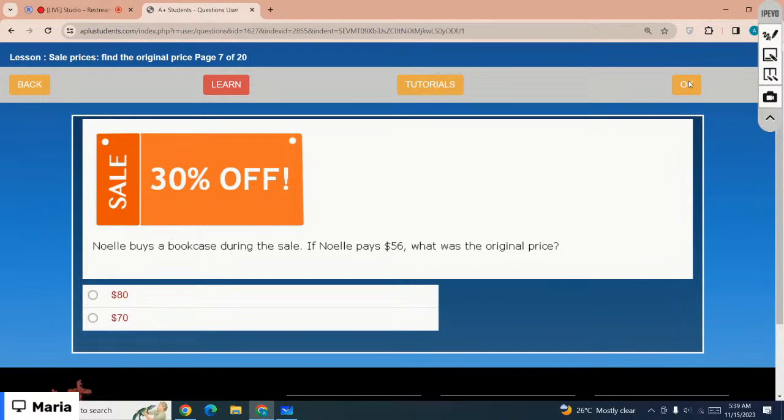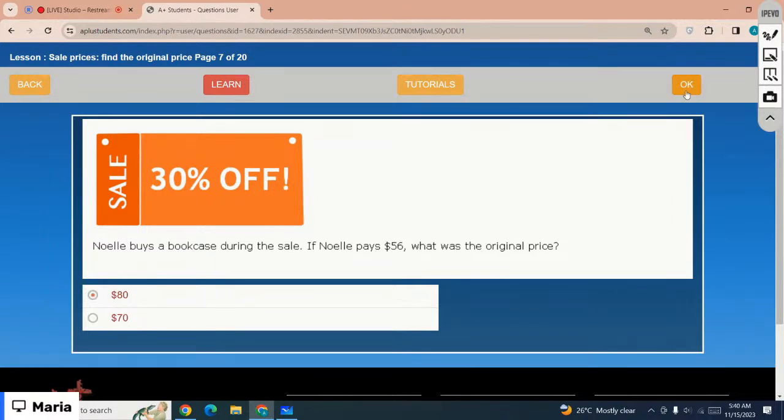That means the original price is, yes, it is $80. Yes, the correct option is $80.